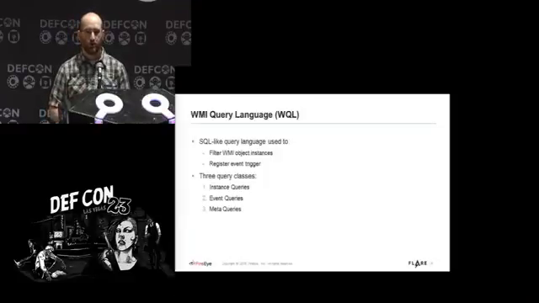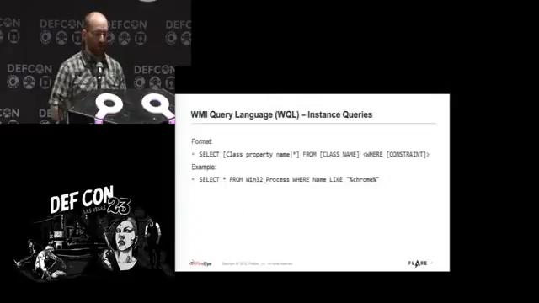There's instance queries, where you're just interested in particular object instances, say if you want to enumerate processes. Event queries, if you want to subscribe to an event of value. And then meta queries are high-level queries you can use to determine what classes may or may not exist in the WMI repository.